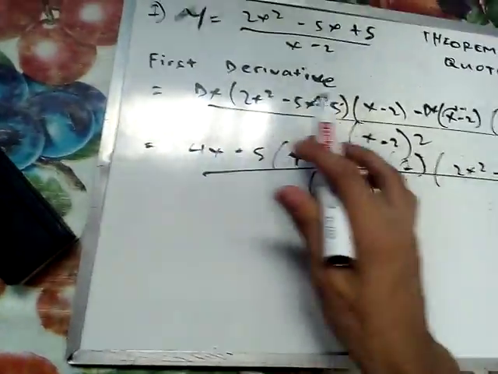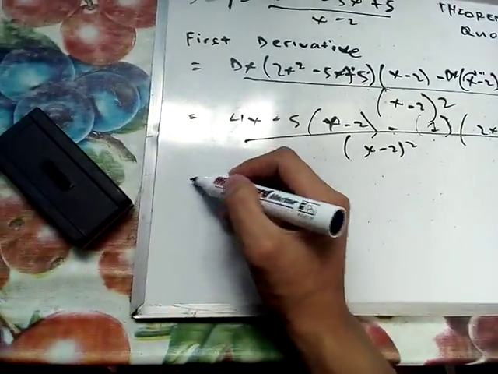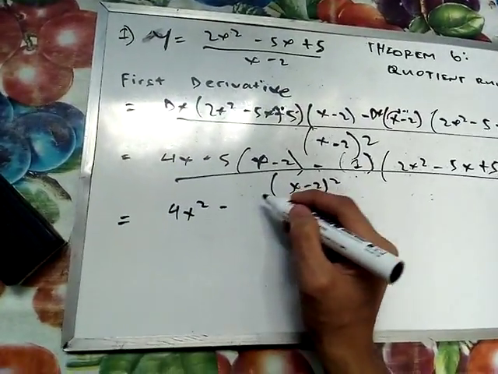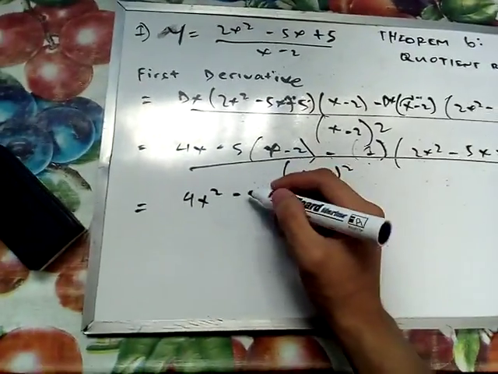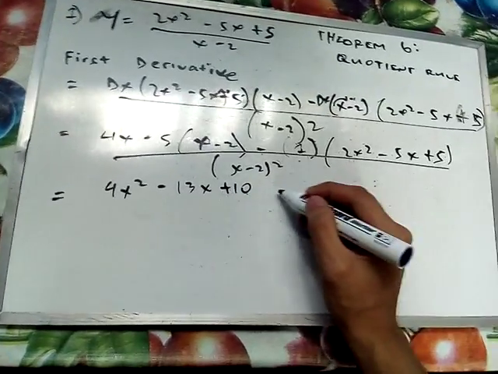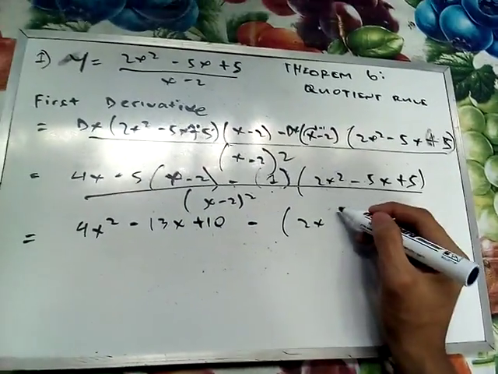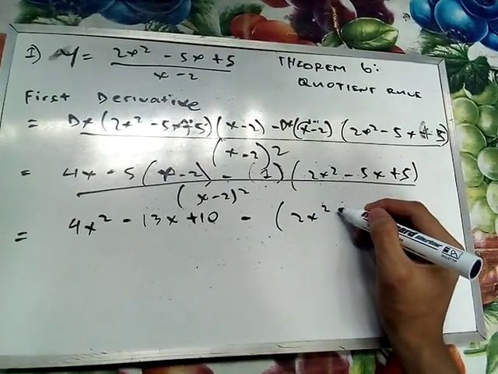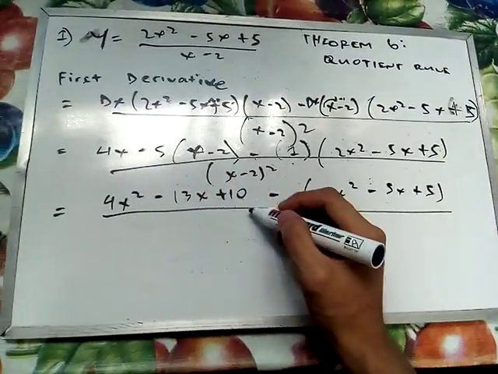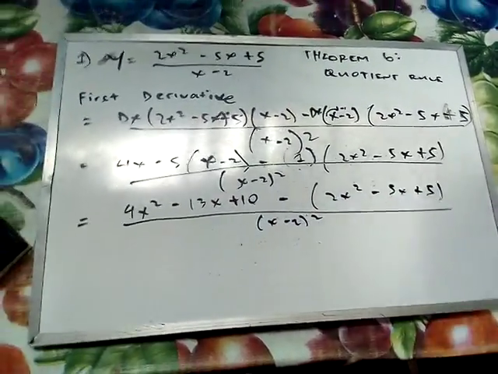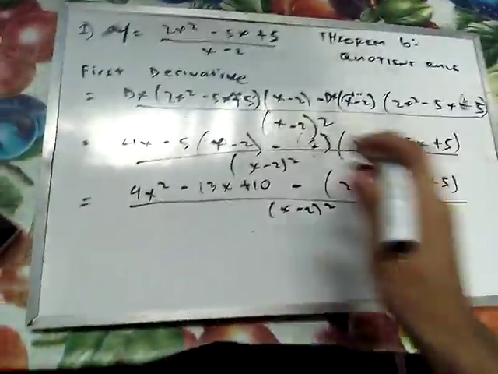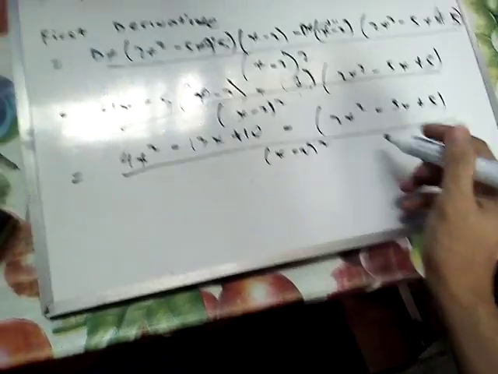So we multiply each other, so it will become 4x squared minus 13x plus 10, minus 2x squared minus 5x plus 5, all over x minus 2 squared. So we need to distribute it.